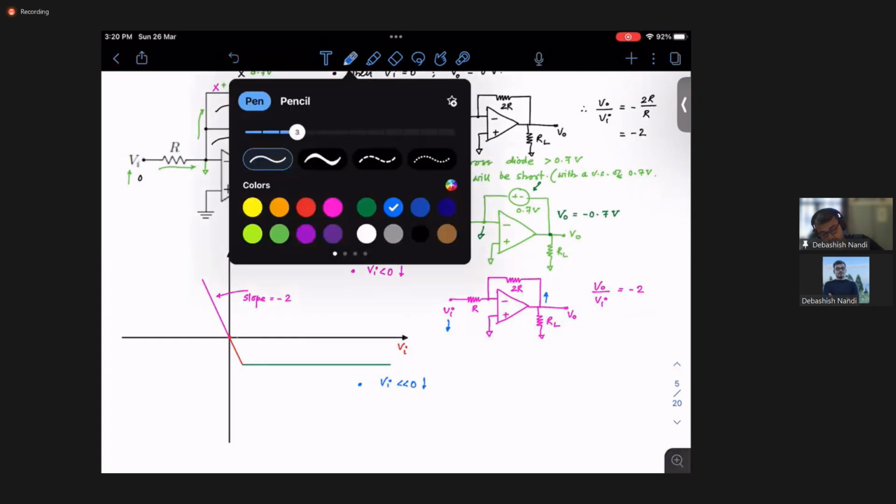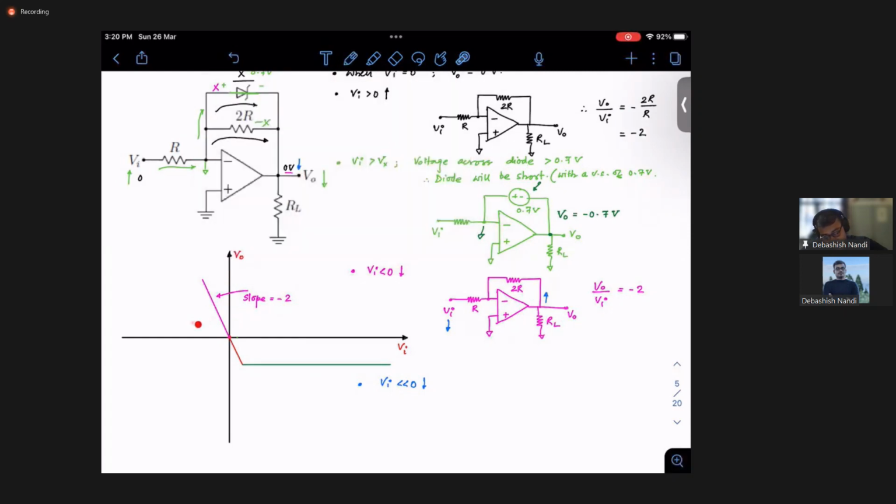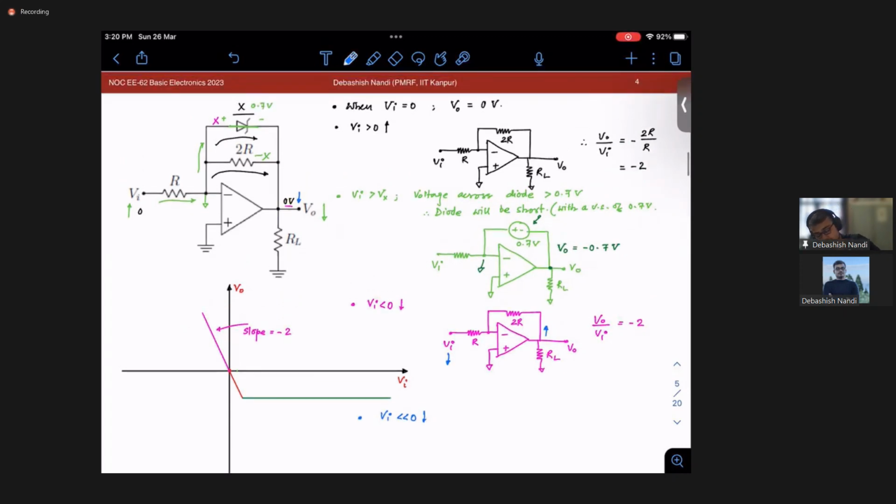As I am going from this direction to this direction, my V out is increasing, but my Vi is increasing in the negative side. So what will happen then? After some time, there will be a potential such that this point is ground.